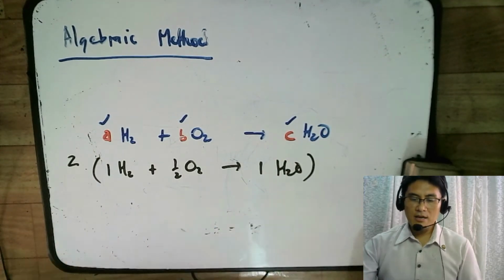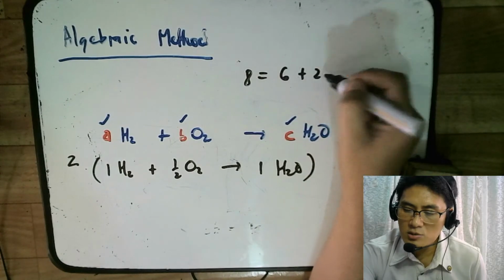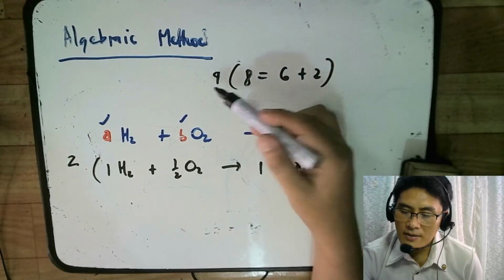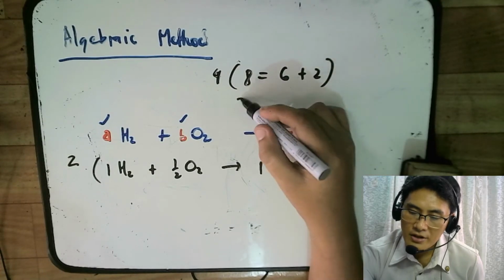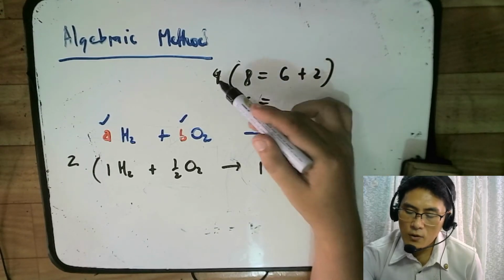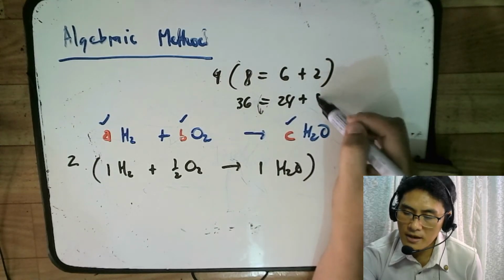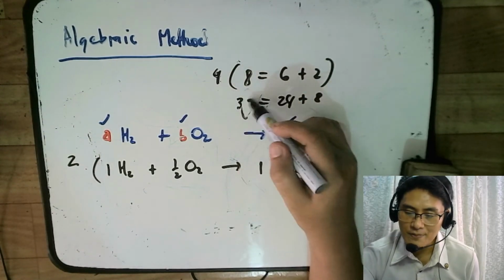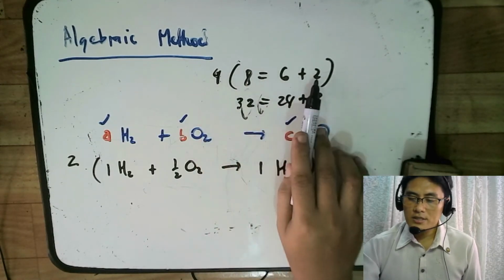Let me remind you that that is valid. For example, if you have the equation 8 equals 6 plus 2, you can multiply both sides by, let's say, 4. 4 times 8 is, sorry, 4 times 8 is 32, 4 times 6 is 24, and 4 times 2 is 8.